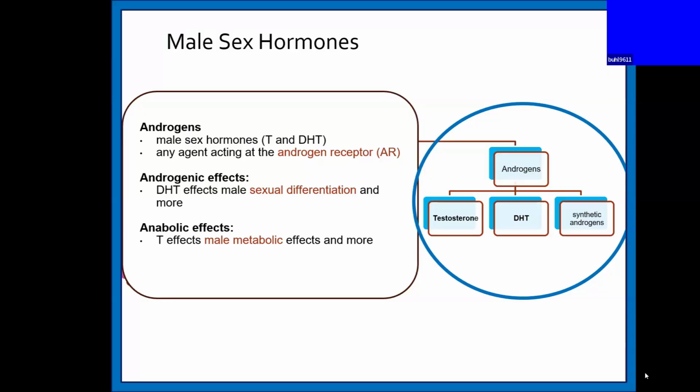And the anabolic effects of male sex hormones, or metabolic effects, are generally from testosterone. So we will talk about that in probably even the next slide. I'm just letting you know that androgen receptors are going to have, depending on whether you have DHT or testosterone, two different types of effects. One of them is called androgenic and one is anabolic.